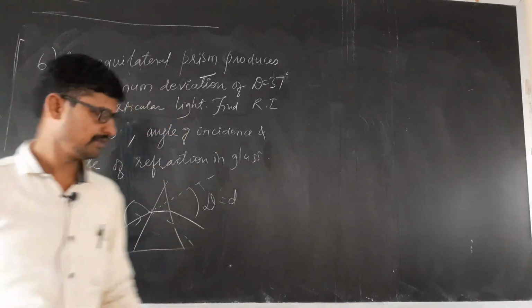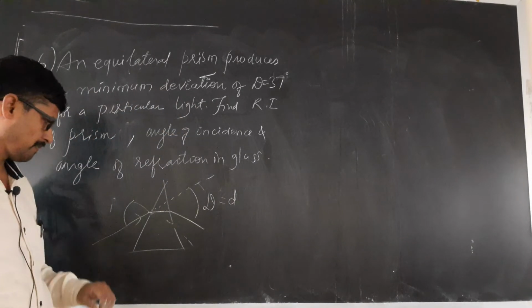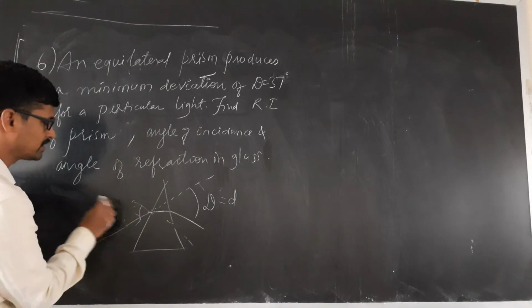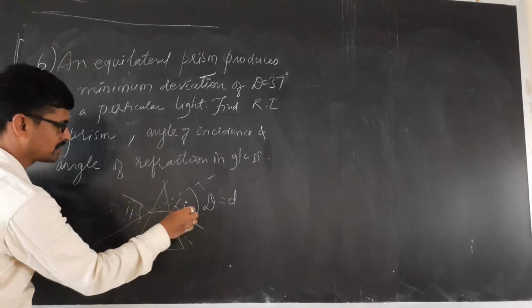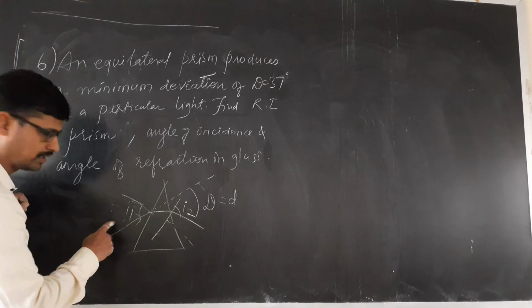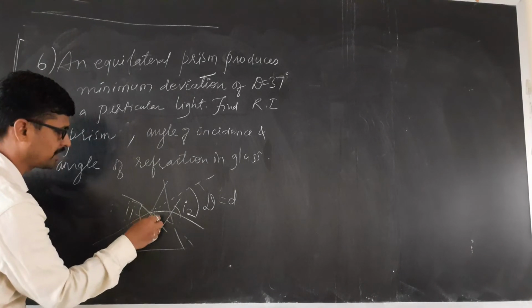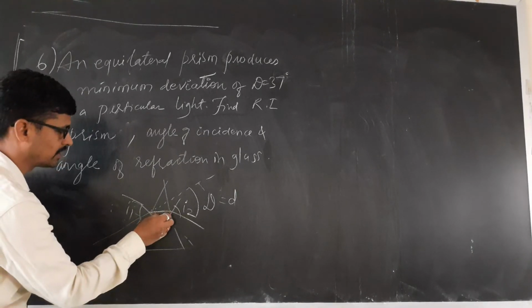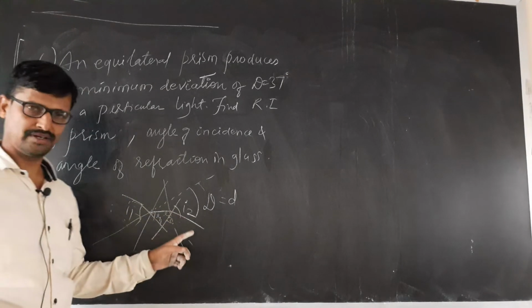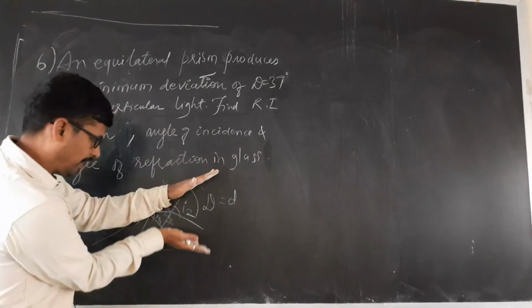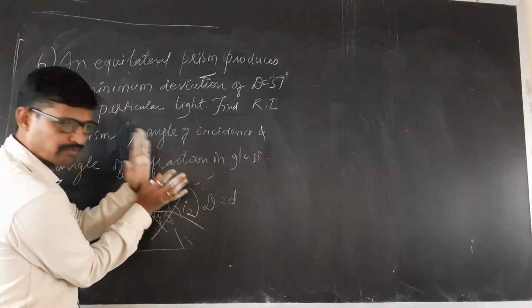Angle of incidence I1 is equal to angle of emergence I2. Angle of refraction R1 becomes equal to R2. This will happen only when deviation is minimum.